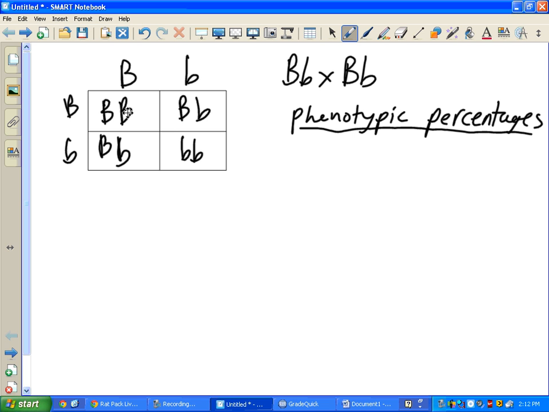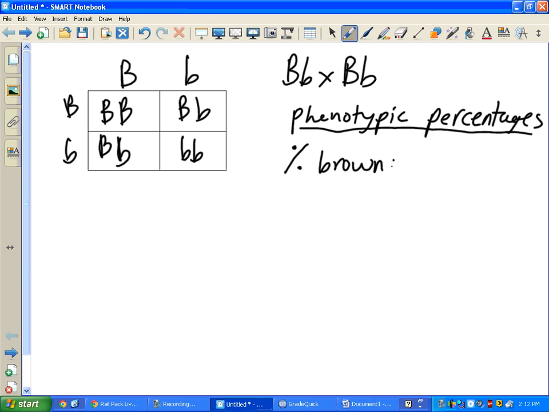So remember, brown is dominant to blue, so brown's going to be the big B. So first thing you want to do is write down your categories. So the question will ask something like, what percent chance do these two parents have of having a baby with brown eyes?